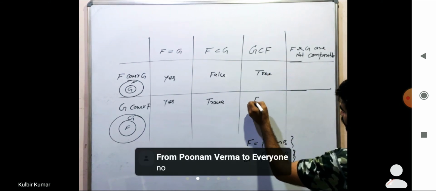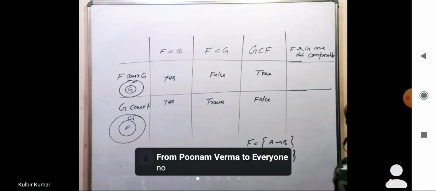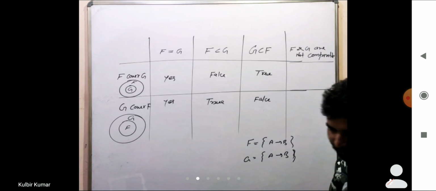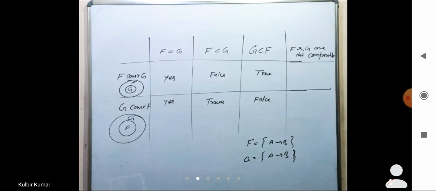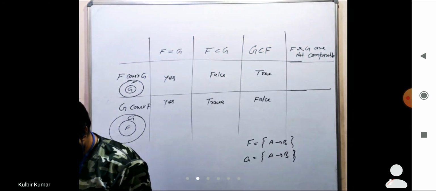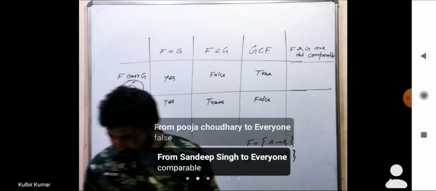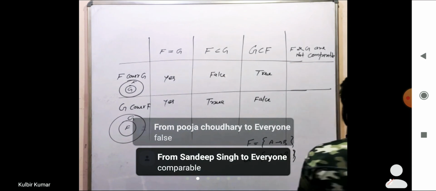This is the false case. And F and G are not comparable. What about this one? So it is false, they are comparable.